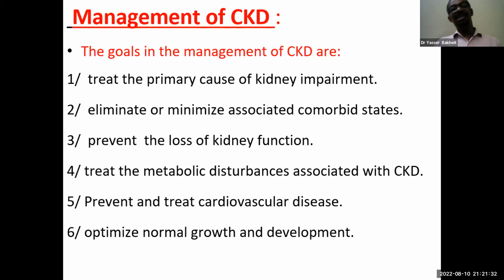The goals of management of chronic kidney disease are to treat the primary cause of kidney impairment, minimize associated comorbid states, prevent the loss of kidney function, treat the metabolic disturbance associated with chronic kidney disease, prevent and treat cardiovascular disease, and optimize normal growth and development.